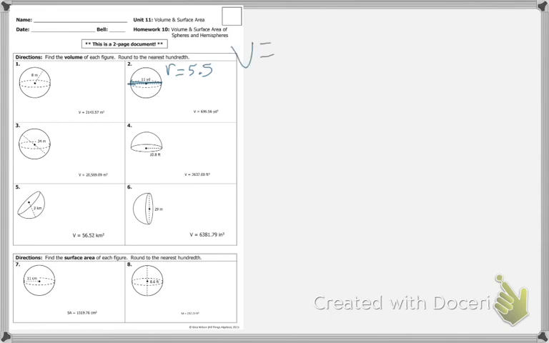So all you have left is, this is a volume problem. So volume is 4/3 pi r cubed. 4/3 pi times 5.5 to the third power. Let's use our calculator. We're going to use 3.14. That's what I'm using for these answers you have there. If you're using an actual scientific calculator, you're going to have a different answer, several units off, but it's going to be pretty close.